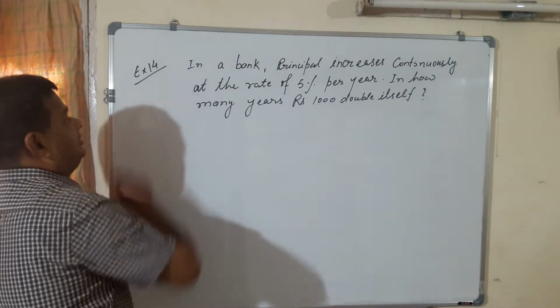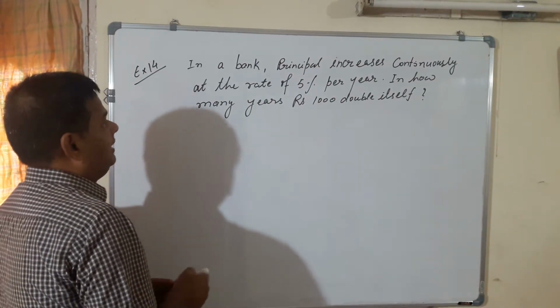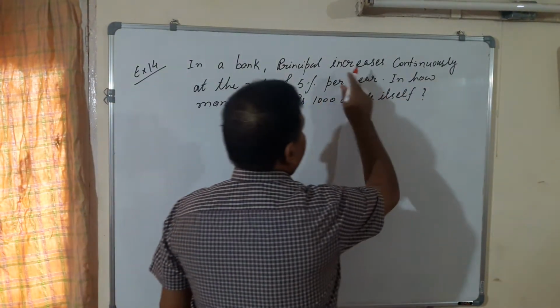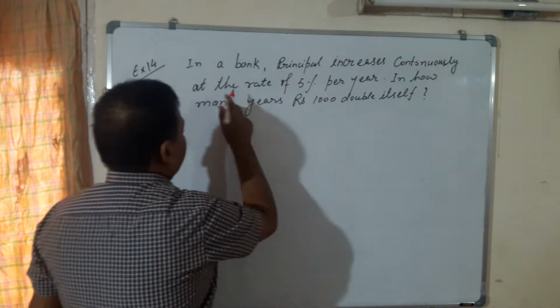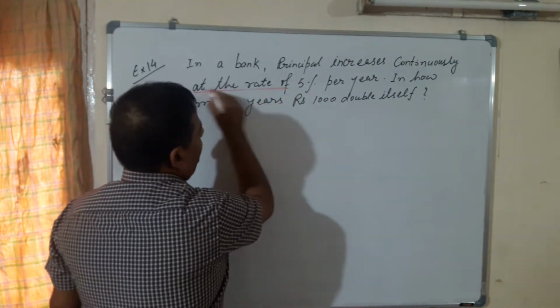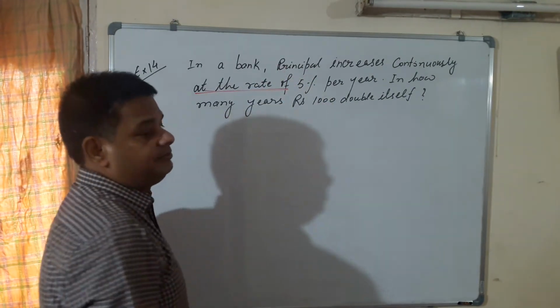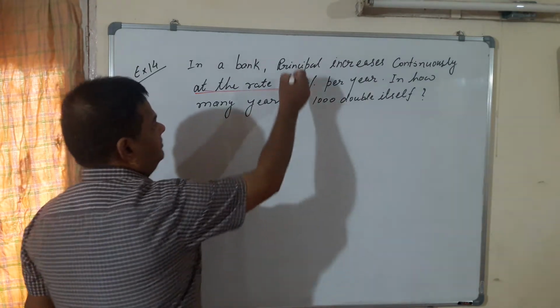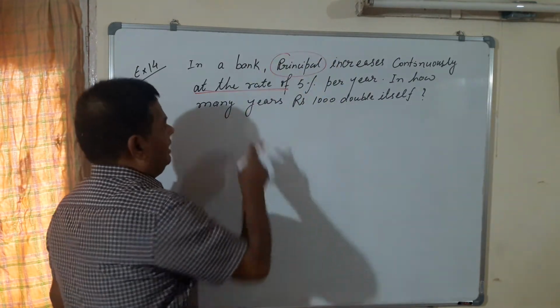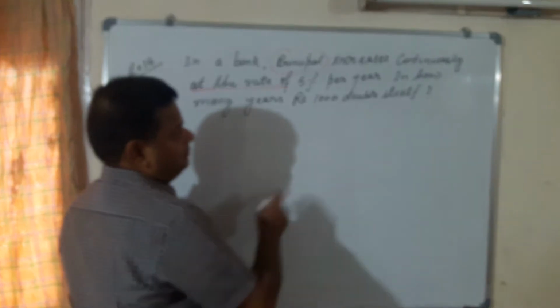Example number 40. In a bank, principal increases continuously at the rate of 5% per year. Principal is increasing at the rate of 5% per year.